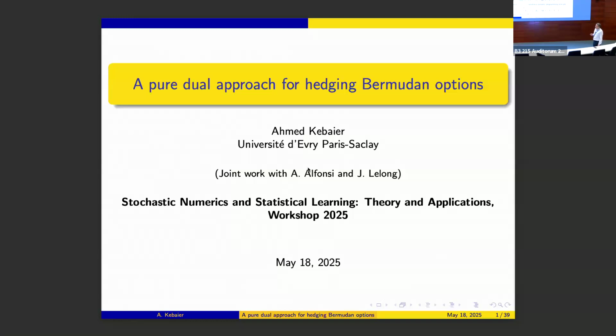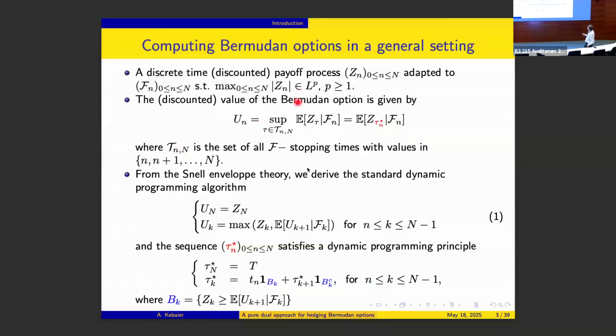It is known from the American and Bermudan option theory that the discounted value of the Bermudan option is given by the supremum, over all the stopping times tau in the set from n to capital N, of the expectation of this payoff. Of course, if the set of stopping times is reduced to one final date, which is capital N, you simply get the price of a European option.